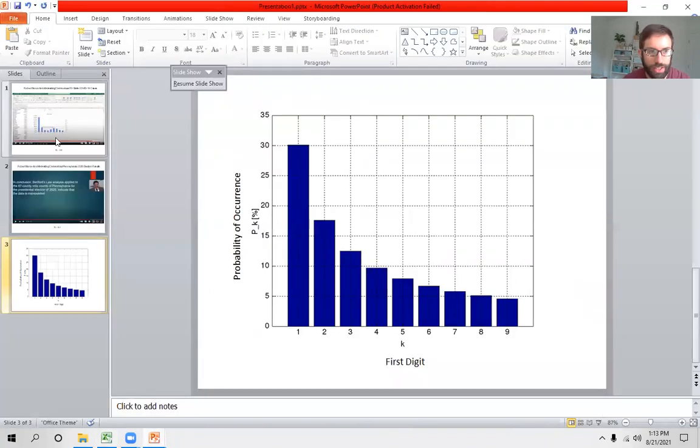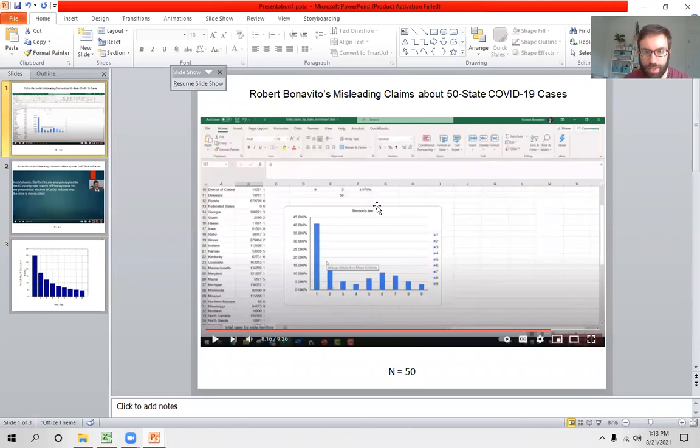He got this plot for the 50 state COVID-19 cases, and he did that correctly, but he said, oh, this is different than Benford's Law. Well, yeah, everything is going to be different from Benford's Law. That's a statistically uniform distribution. This isn't a perfectly uniform distribution. There's some error. And he said, oh, they're different, so therefore something's wrong with it. But how do you know if it's a statistically significant difference, right?